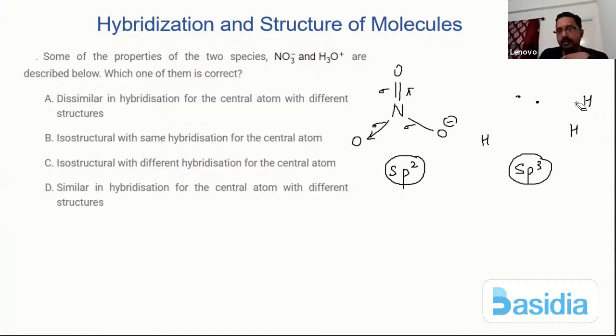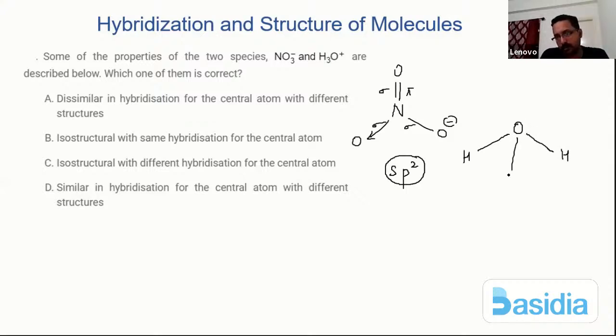So let me write the H3O plus structure. Here it is an oxygen, then a hydrogen. Because of the use of the lone pair, one hydrogen has come here and one more hydrogen over here. Then the lone pair is sitting over here, with a positive charge.